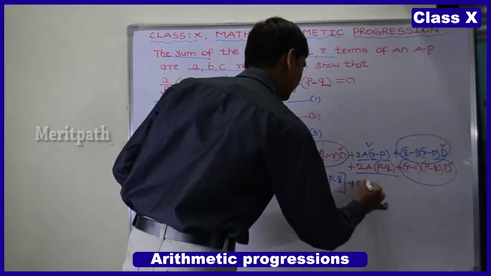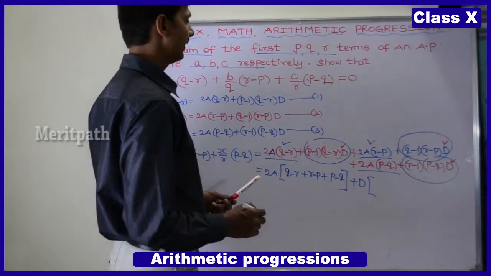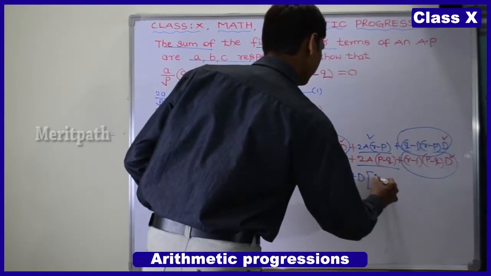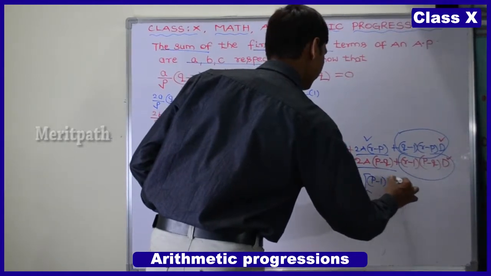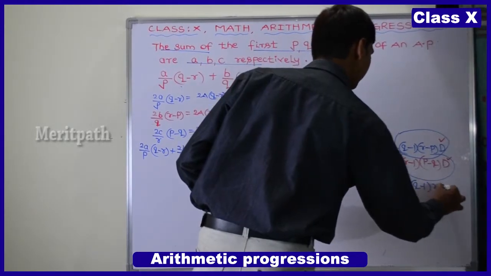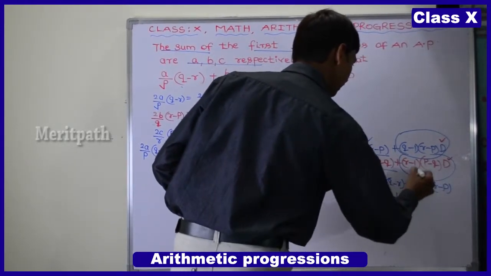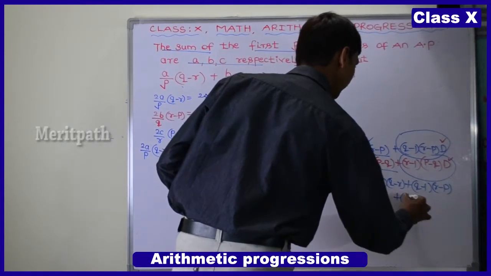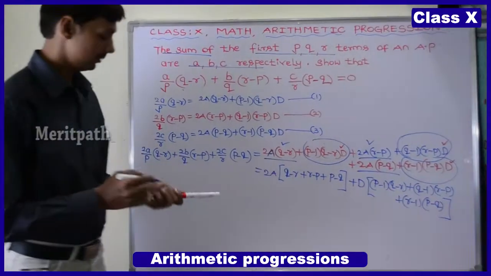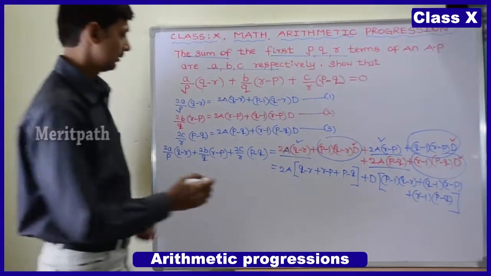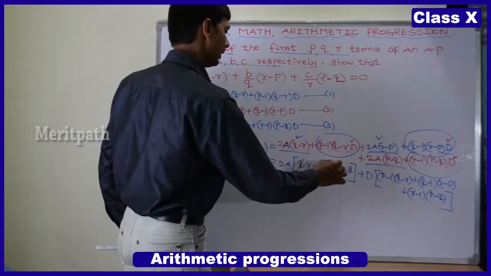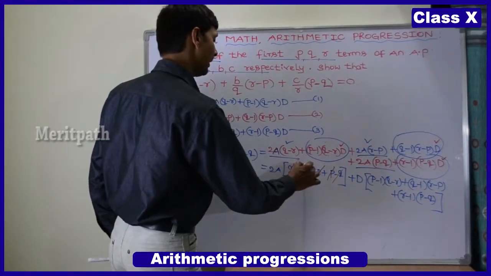When we are taking capital D in common, we will be getting (p minus 1) into (q minus r) plus (q minus 1) into (r minus p) plus (r minus 1) into (p minus q). So here we can observe in the first bracket there is minus q and plus q, and minus p plus p, and minus r plus r.